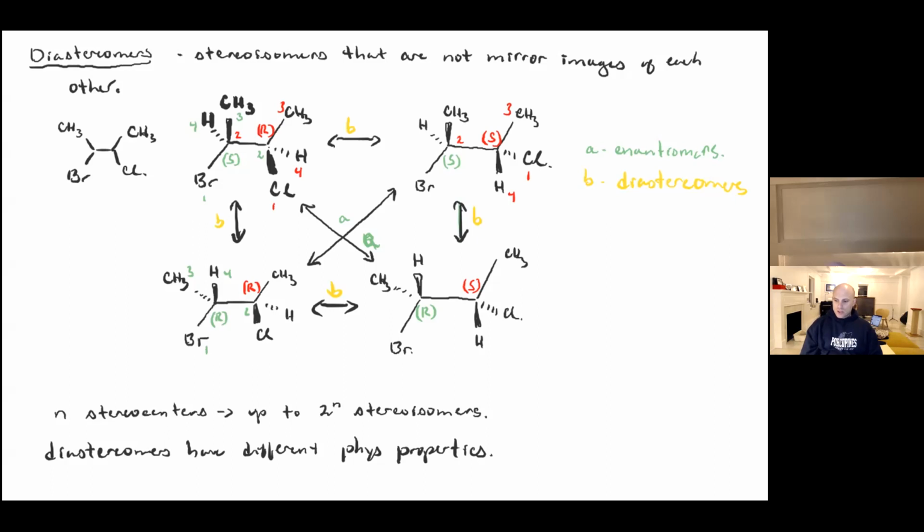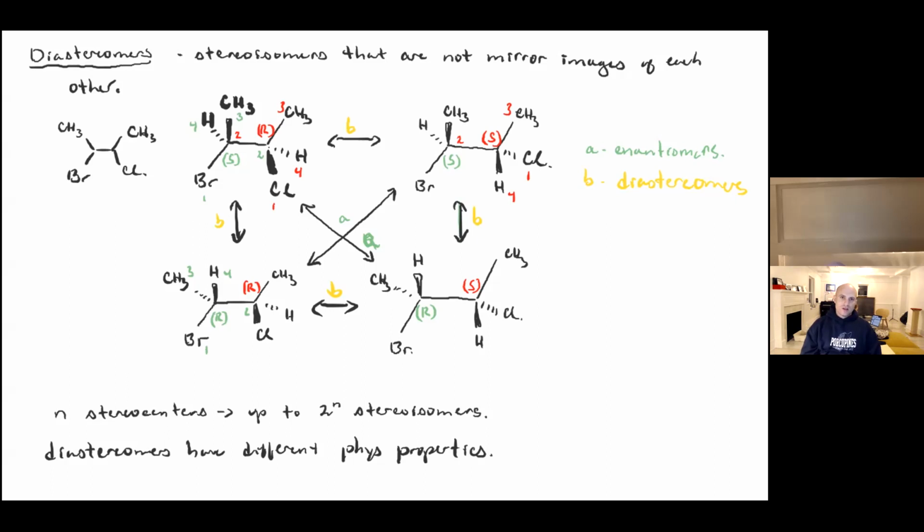In this chapter, we talked about stereoisomers, which differ in the arrangement of atoms in space, and they can't be interconverted by any sort of facile process, okay? Chiral molecules are molecules that lack a plane or point of symmetry. They have a non-superimposable mirror image, which we call an enantiomer.